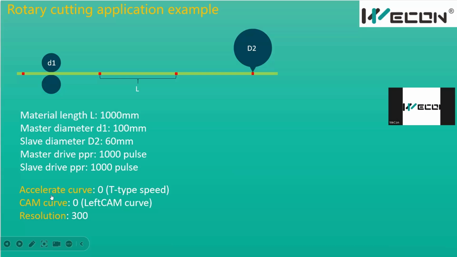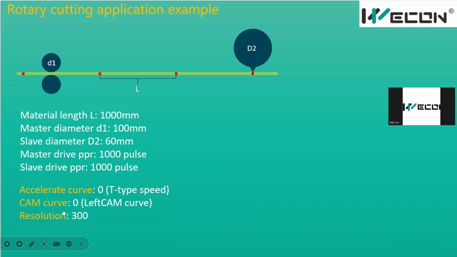Okay, and for these three parameters, there is nothing to introduce in detail because we just set them. You can use 0, T-type, or 1, S-type curve.